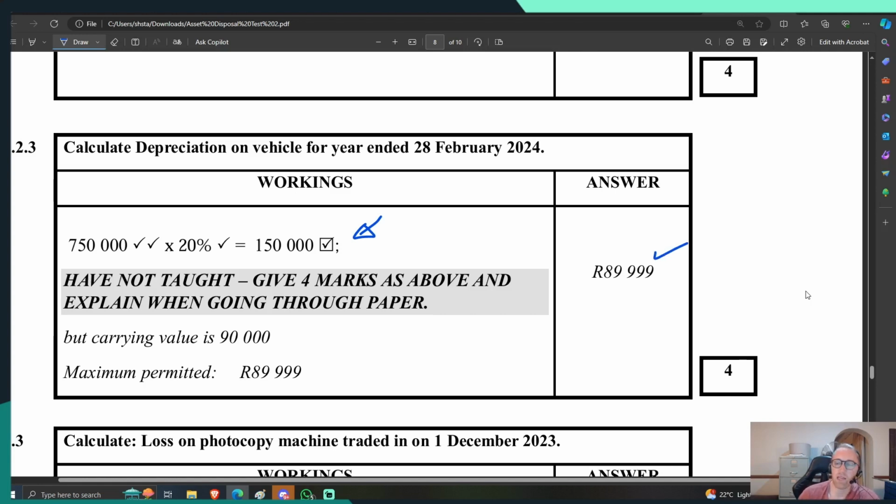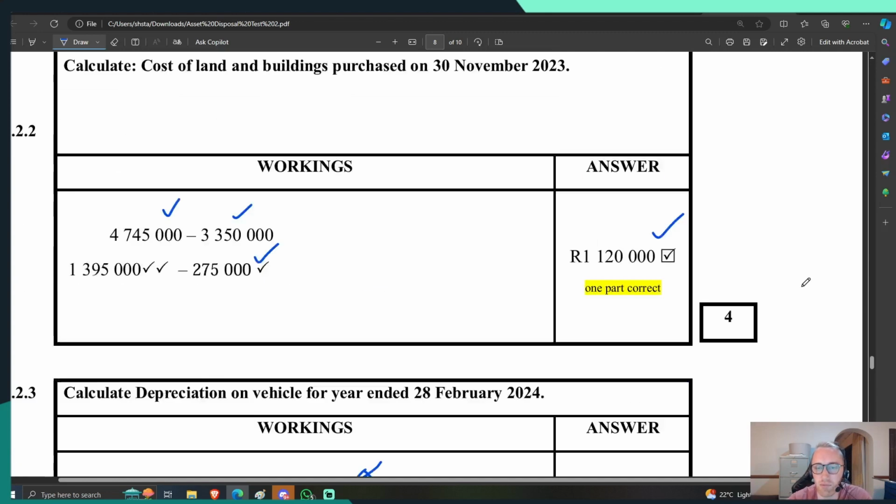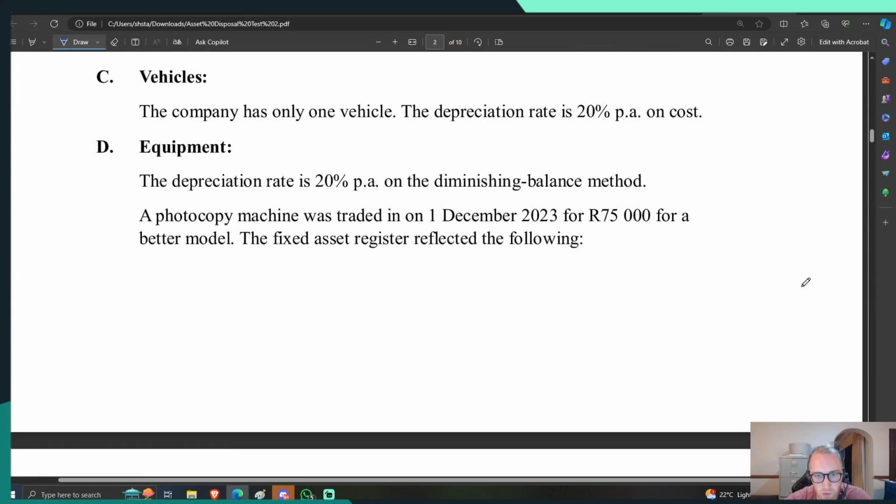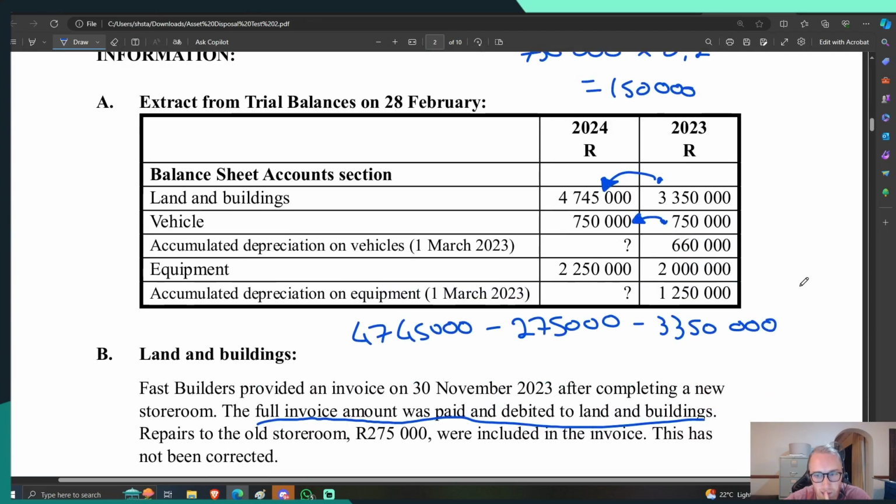Because if you look at your current total accumulated depreciation on the asset, you will see that the accumulated depreciation is 660,000. So what's our current book value? Well, it would be 750,000 minus 660,000.